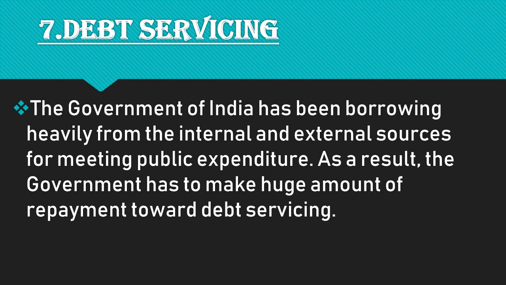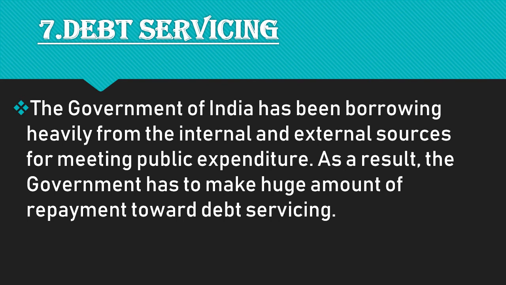Actually, there is a huge gap between the public expenditure and the public income. The income which the government is receiving is very much less than the expenditure which the government is incurring on the country. To meet this gap, the government has to take a loan from the World Bank and the IMF, and this is increasing the problem for the government.